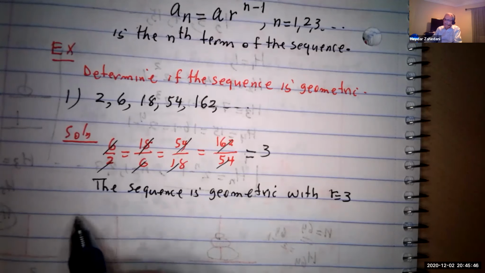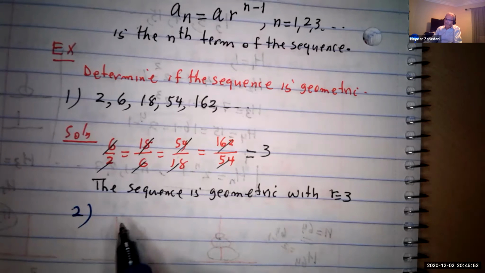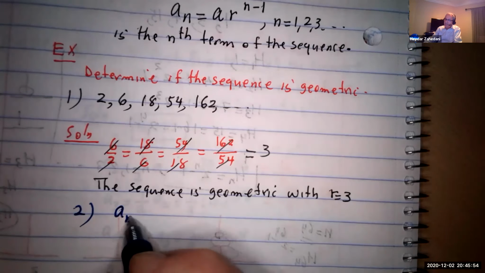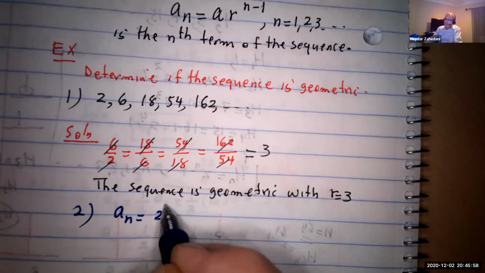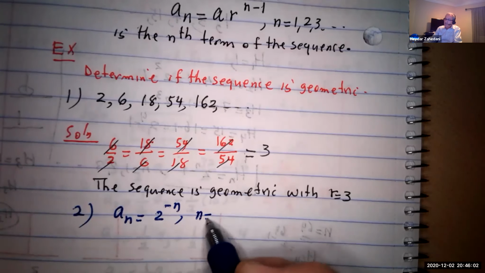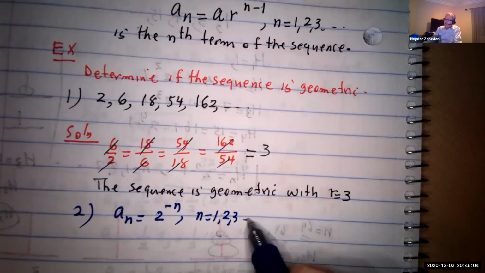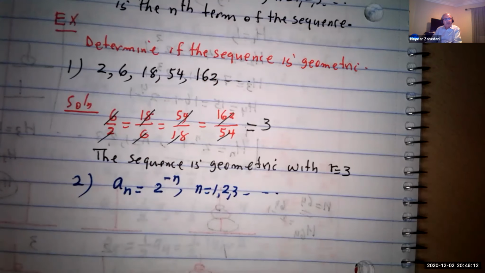Sometimes they don't list the terms. They just give you a formula. So they give you the formula that a_n is equal to 2 to the negative n, for n equal to 1, 2, 3, etc. Again, you just write a couple of terms to find out if this is the case.